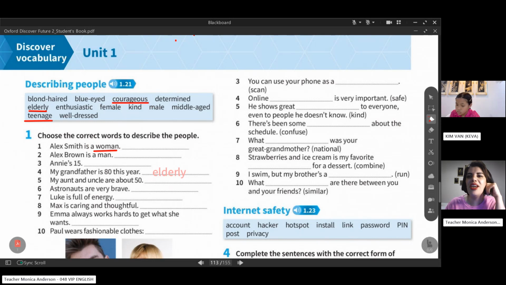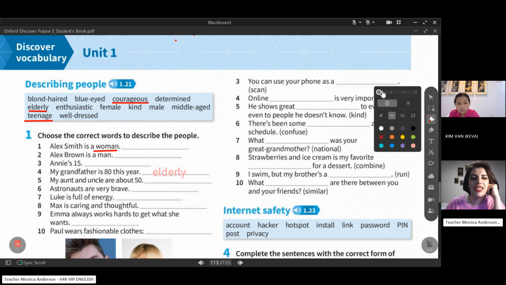Courageous. Yeah. Courageous means brave. So again, read it, please. Courageous. Okay. Courageous. Great. Very good. And the next one?